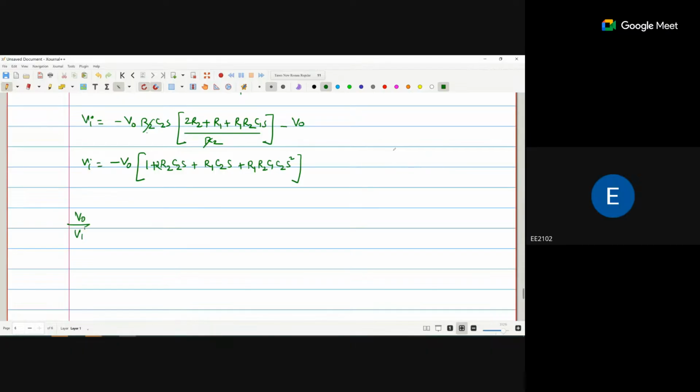So Vo upon Vi is equal to minus 1 over 1 plus R1C2S plus 2 times R2C2S plus R1R2C1C2S square.